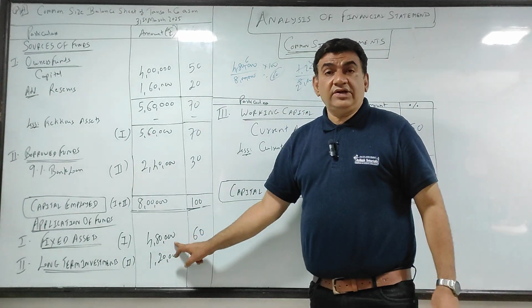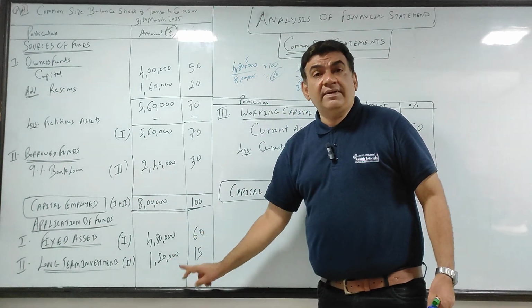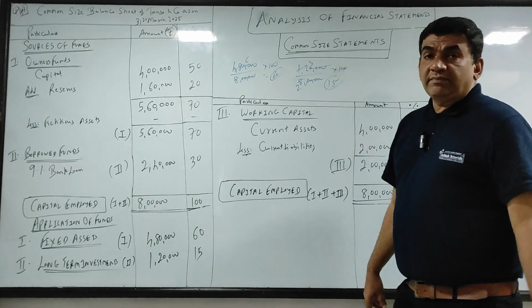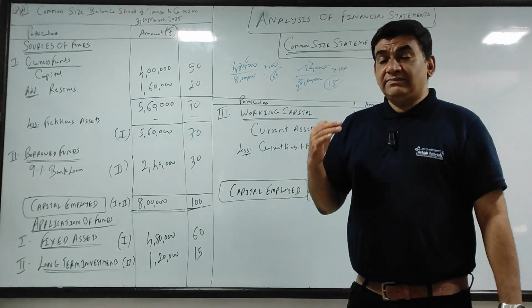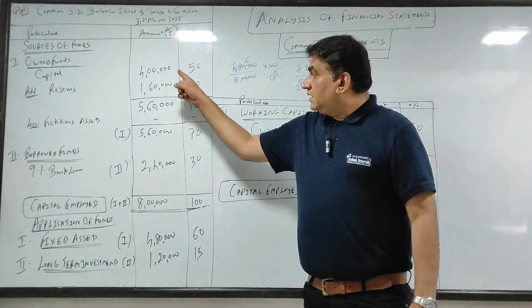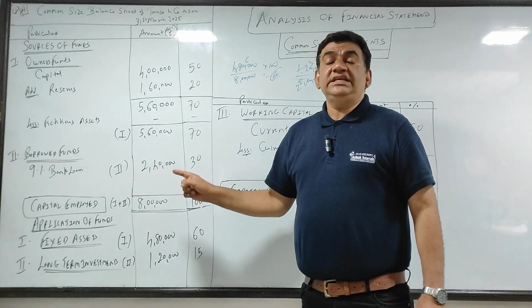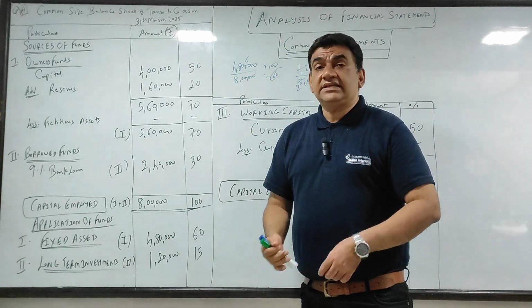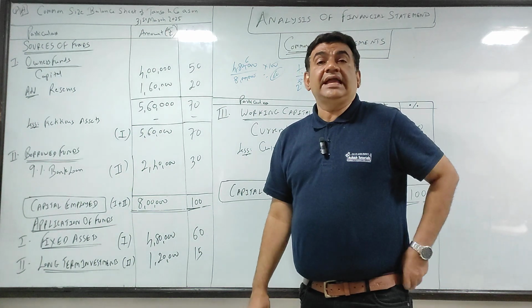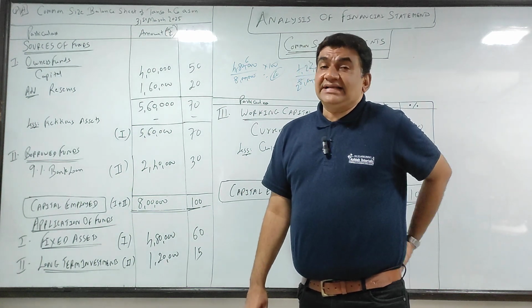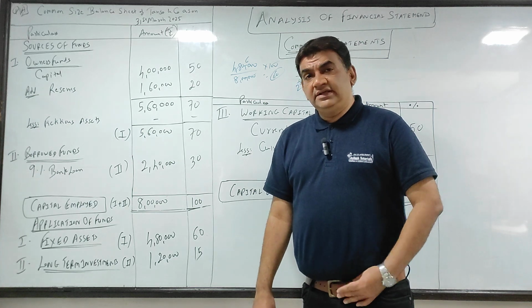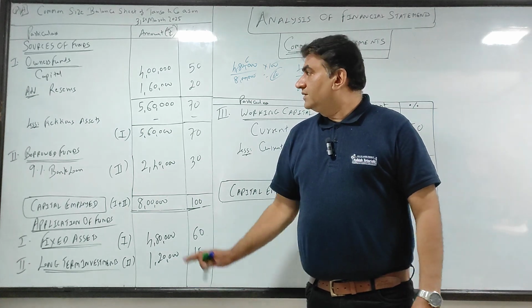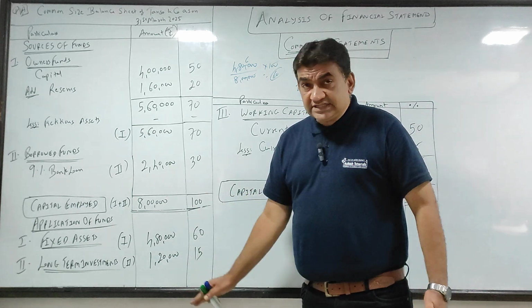Each amount divide by 8 lakh into 100, write the percentage. So, common size balance sheet shows how much is the percentage of each and every item as compared to the total capital employed. Clear with this? So this is there as far as the balance sheet is concerned.